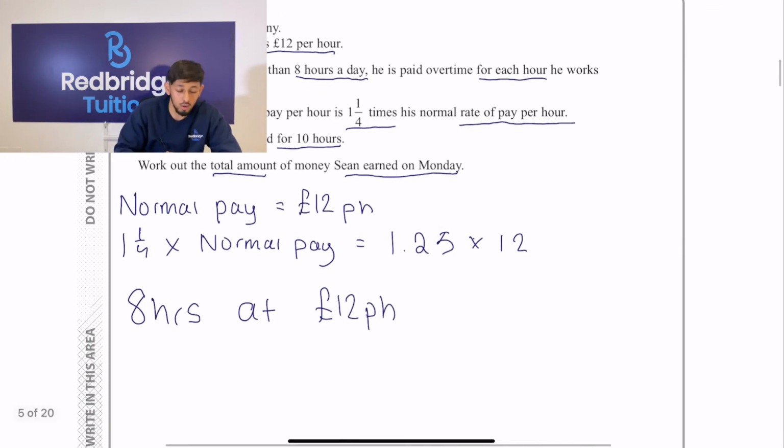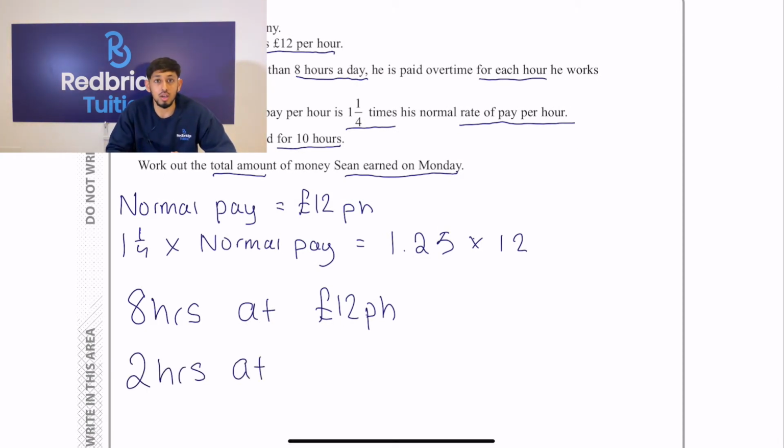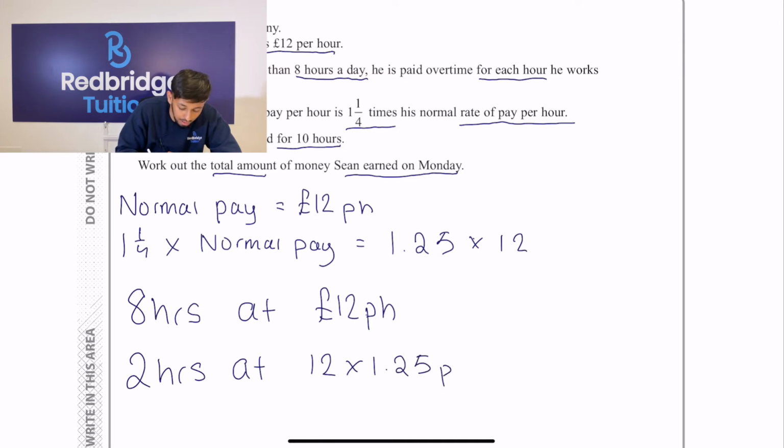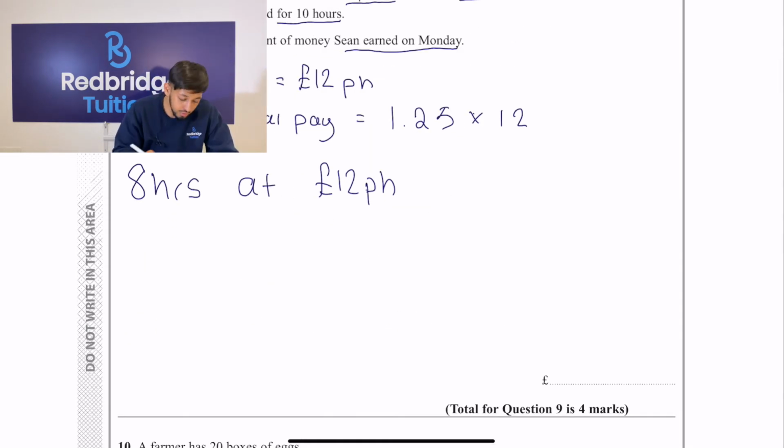And we can work out that for 2 hours, he would be paid his overtime rate, which would be 12 times 1.25 per hour. Now, if we were to work that out, we have 2 hours at 1.25 times his initial rate.